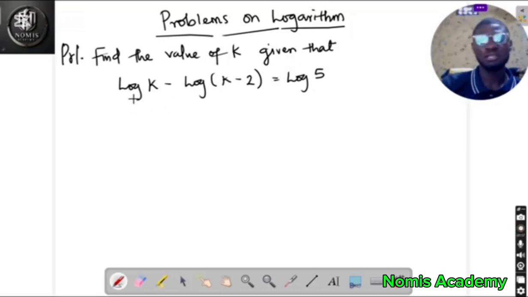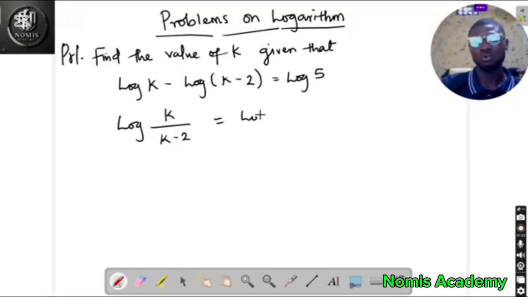So we take log k minus log in brackets k minus 2, and combine into one log, where minus becomes division: log of k over k minus 2 equals log 5. Now we can cancel log from both sides.